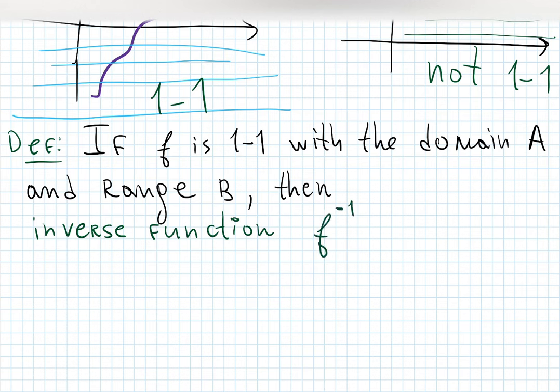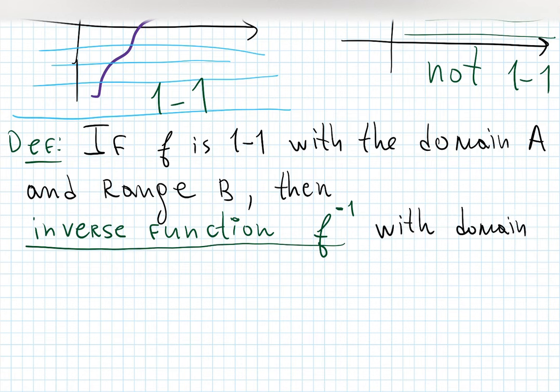F to the minus 1 is not the same as 1 over f. That's the notation of reversing. It means going back, reversing. F minus 1 is the inverse function notation. F minus 1 with domain B. I will explain this in a second.